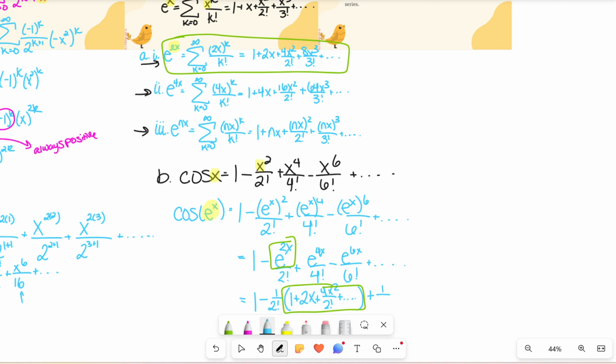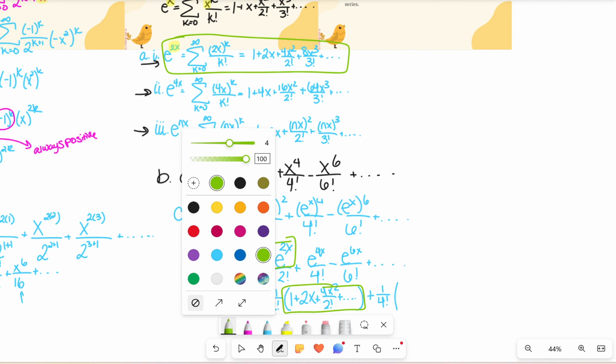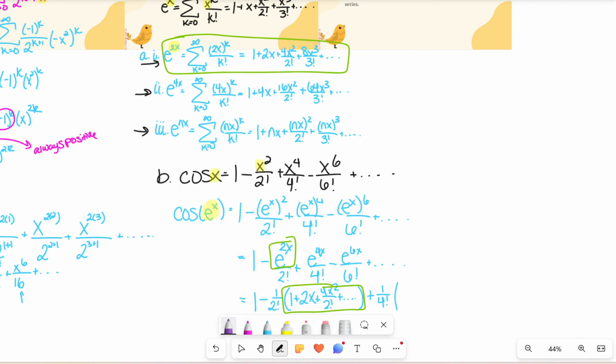So I'm going to have plus 1 over 4 factorial. I know that my e to the 4x is going to look like this. So I'm going to have 1 plus 4x plus 16x squared over 2 factorial. And again, I don't need to write all of these terms. The pattern is going to continue every single time, but this comes from here.